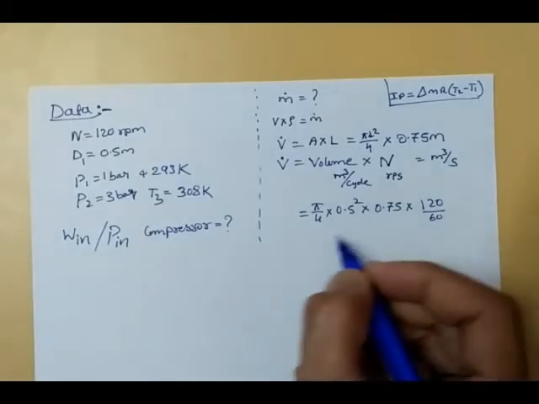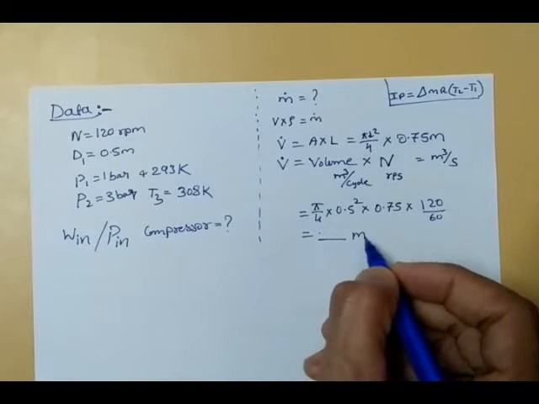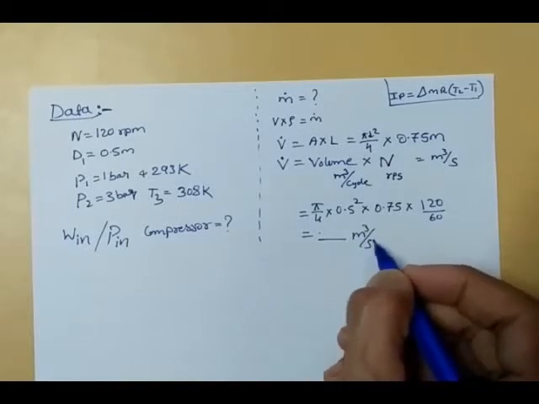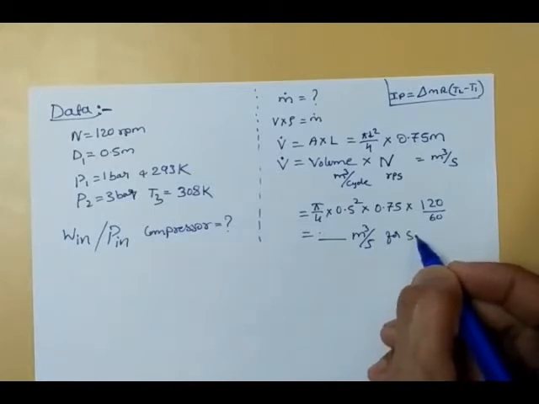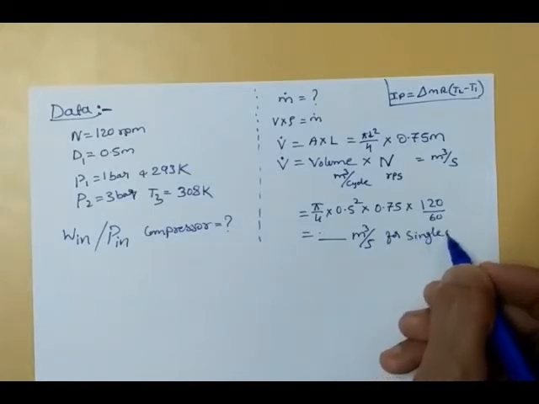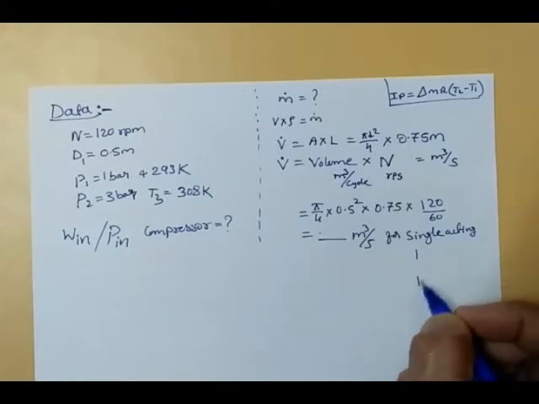Now this is the volume flow rate, that is meter cube per second for single acting, that is one side of the compressor.